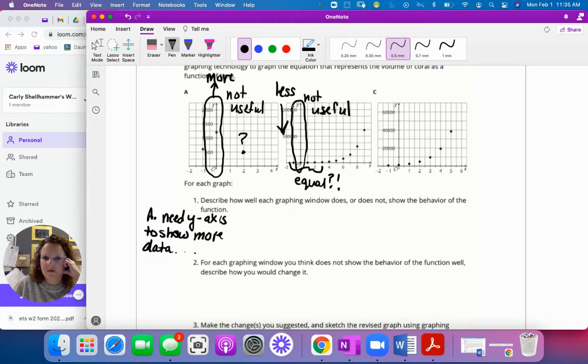It goes all the way up to, I don't even know what that is now, 100,000 or 1 million. Okay, it needs to be much smaller. So B, we need the y-axis to show less data.